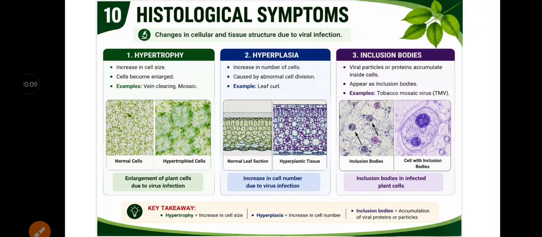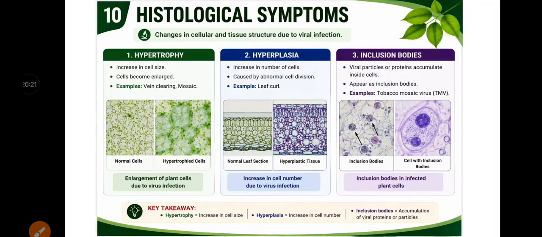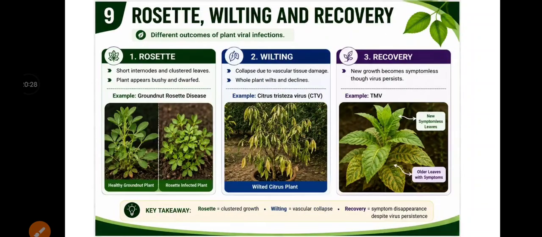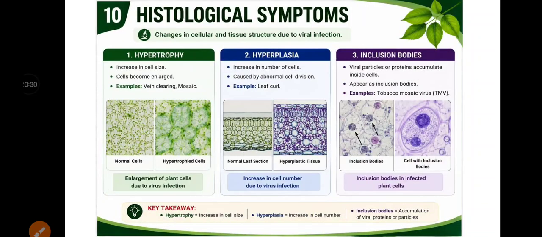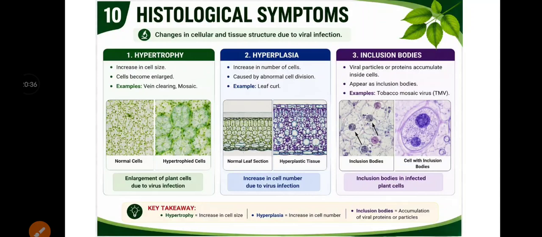Next, about the histological symptoms. These are the cellular changes or tissue level changes that we have already discussed. These are histological changes only, and they are classified into two major categories: hypertrophy and hyperplasia.